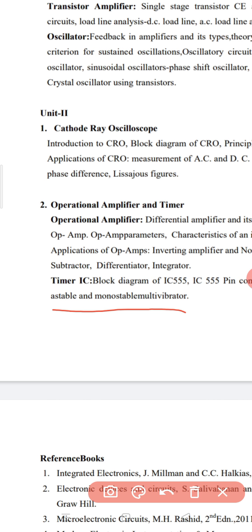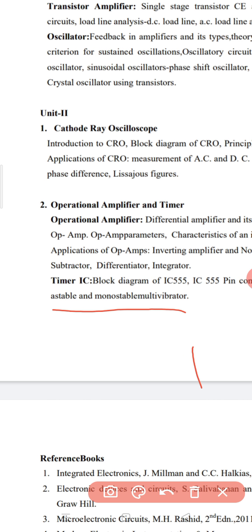There are basically three modes for IC 555: monostable, bistable, and astable. But we are going to see monostable and astable because these are the most important while designing various types of electrical instruments. I will not totally teach you, but show you the applications of it and how it works during our lectures.